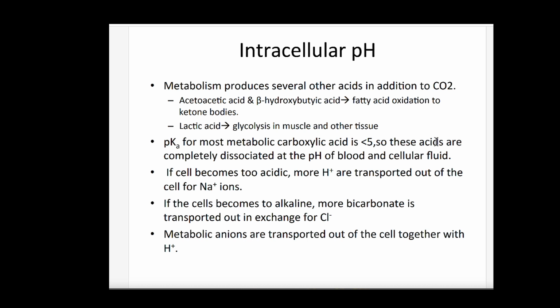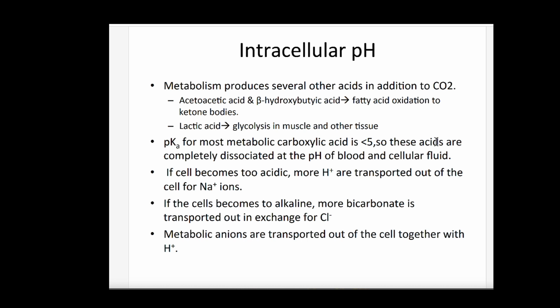You also have lactic acid that is from glycolysis in muscles and other tissue. The pKa for these other metabolic acids, like carboxylic acid, is less than 5. So these other acids completely dissociate at the pH of blood and cellular fluid.